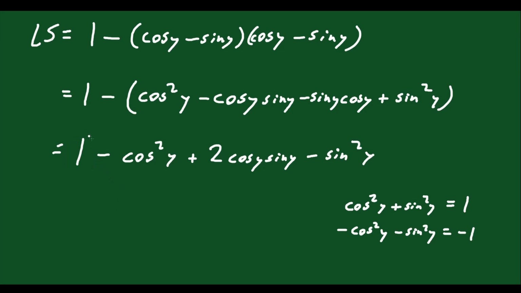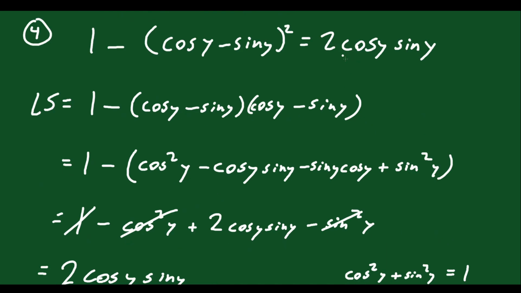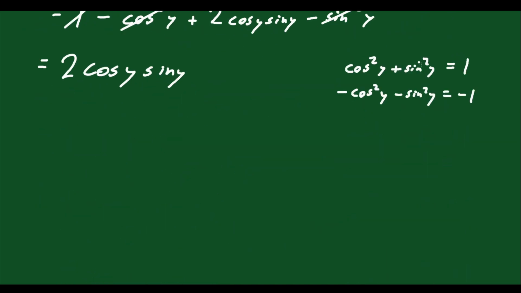You can think of it that way, or you could sub in this for 1 because it's equal to 1, and then they'll also cancel. Regardless of how you draw it up, this 1 is going to cancel with this minus cos squared and this minus sine squared. And all you're left with is 2 cos y sine y, which, if you look at the right-hand side, is exactly the same. So we have completed our proof. Our left side is equal to our right side, and that's it.